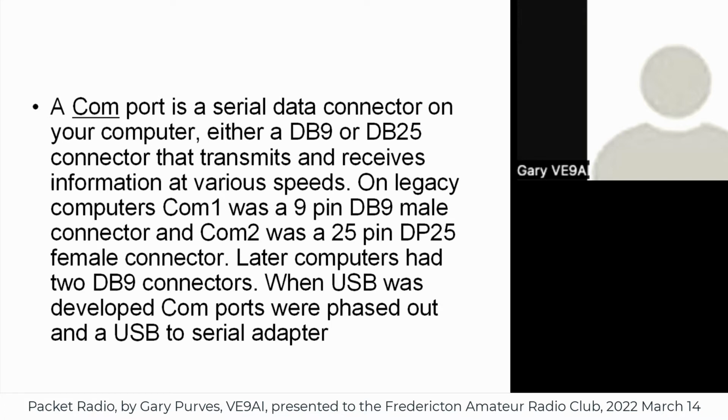Later computers had 2 DB9s, but when USB ports came out, we now use a USB to serial adapter, and they work okay. So you plug your serial in your TNC, because most of the TNCs around have a serial port on them, so you can use one of these adapters.